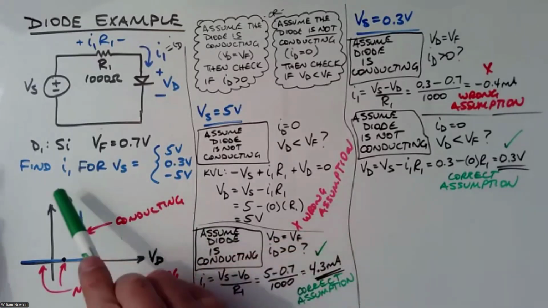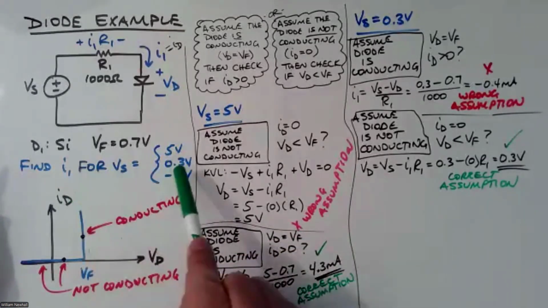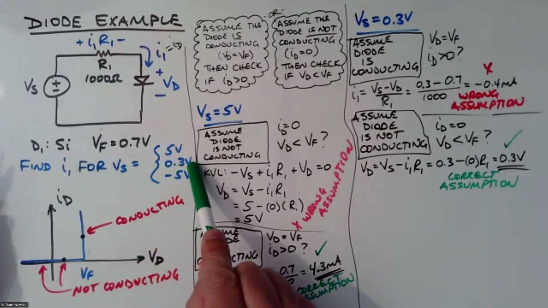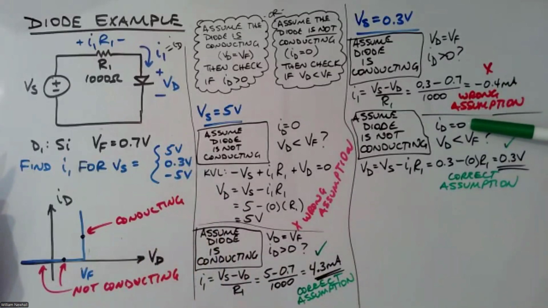So the question is, what is I1 for VS equal to 0.3 volts? The answer is 0. I1 would be 0 because ID is 0.